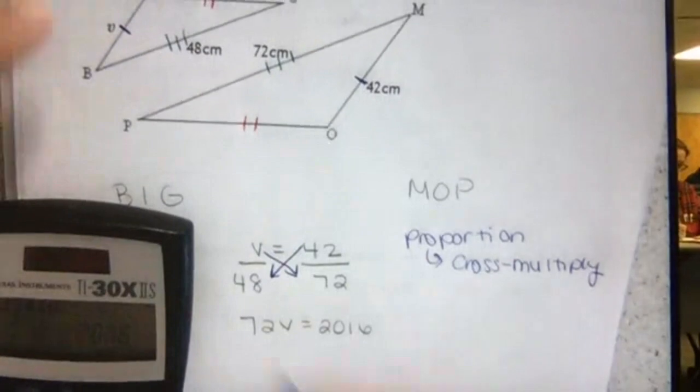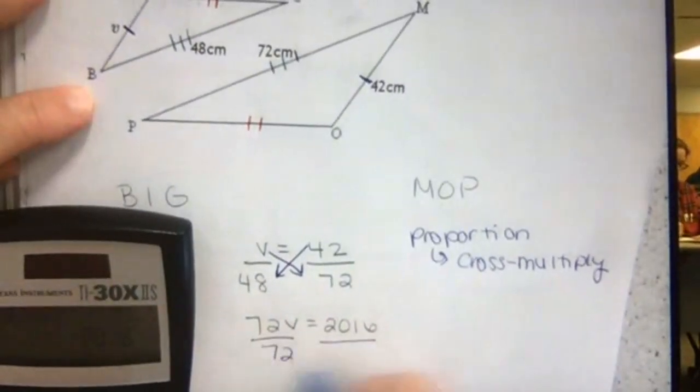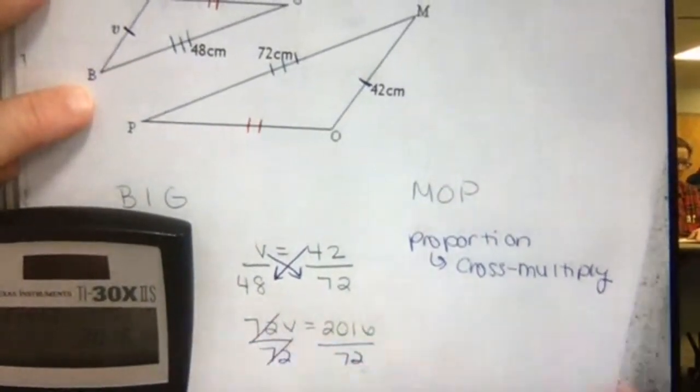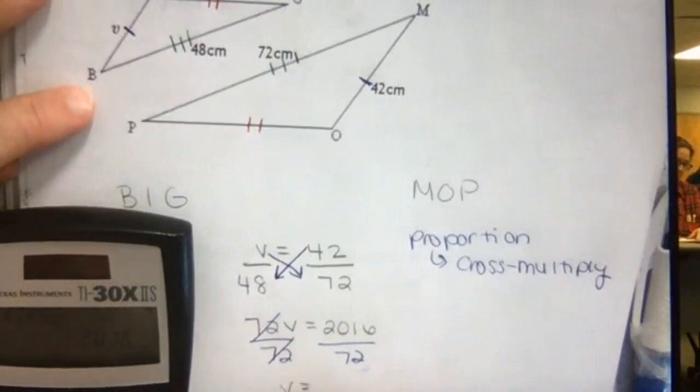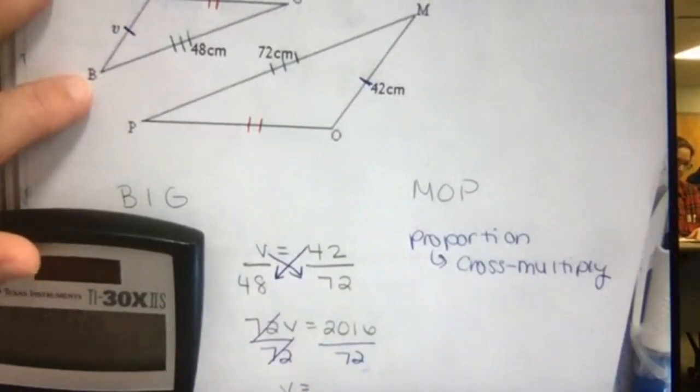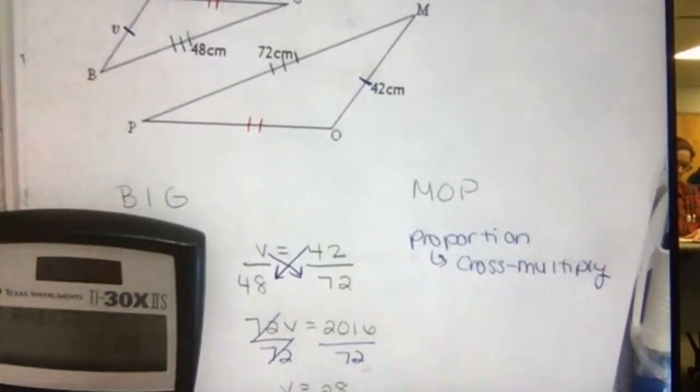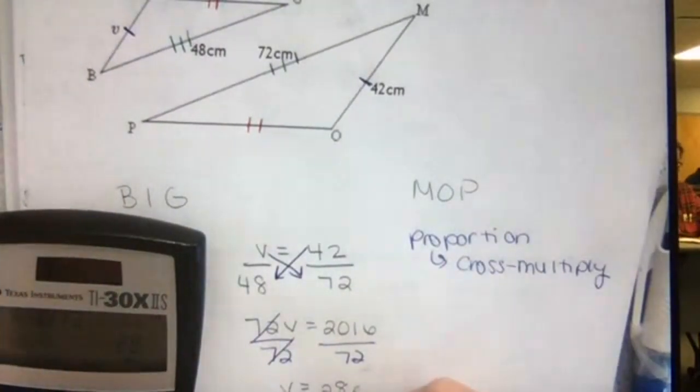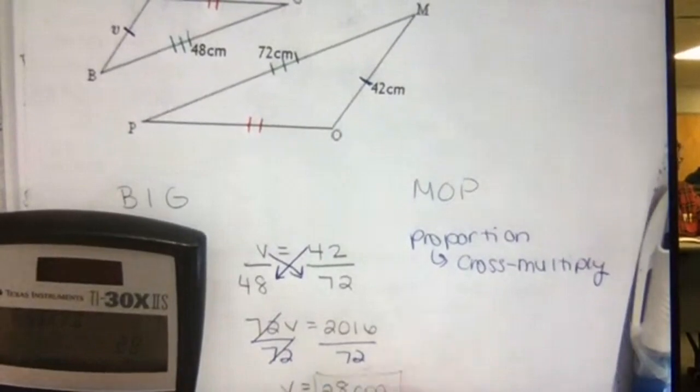Getting V by itself, I can divide both sides by 72. That way those 72s cancel. We're left with V equals 28. What's my units? 28 what? Centimeters, good. 28 centimeters. Done.